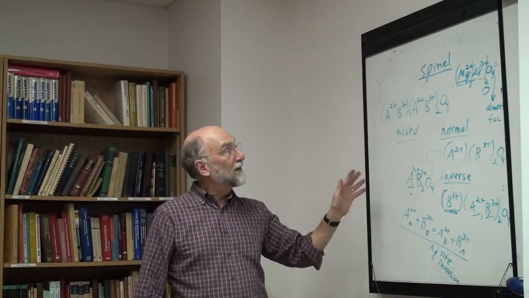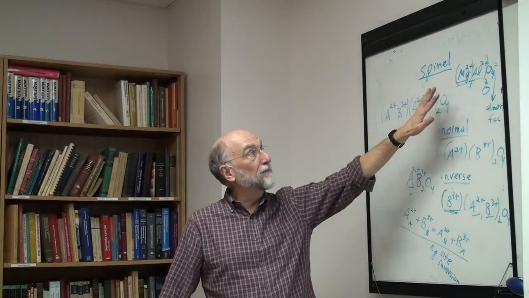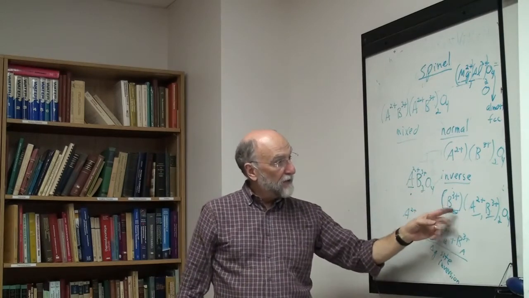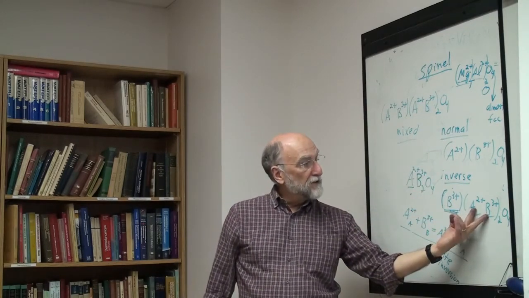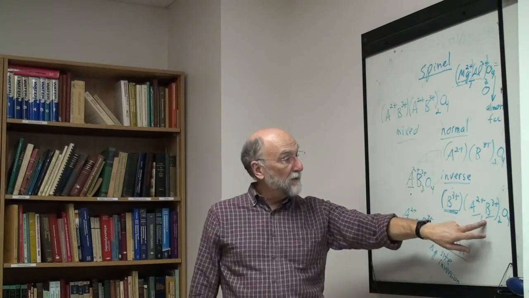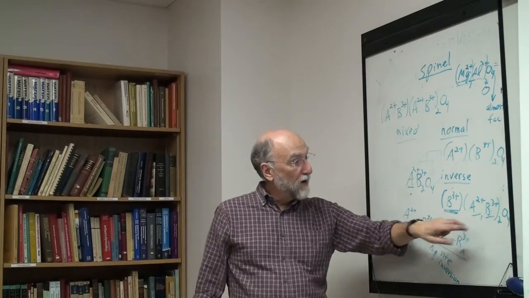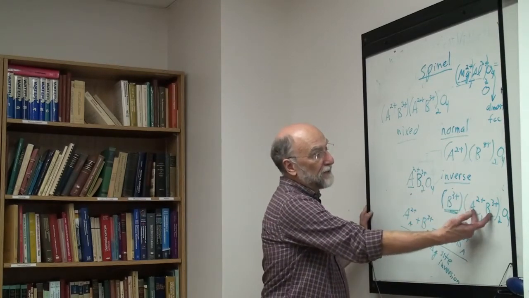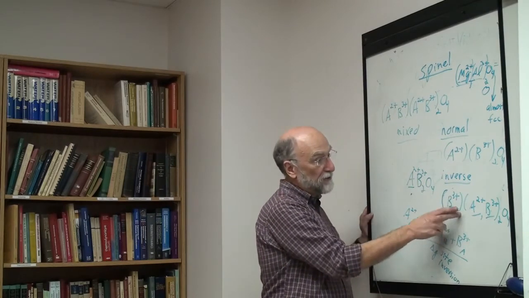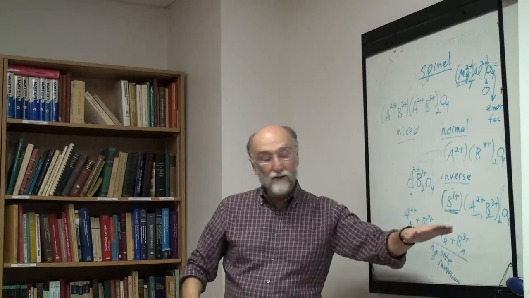You can control the magnetic properties by adding other things like magnesium and zinc, which change the site occupancy. If you put all the irons on the same site, you get different magnetic properties than if you put the iron on the two sites. You can force all the irons onto one site by putting in something else that strongly prefers the tetrahedral sites and shoves all the iron back to those sites.